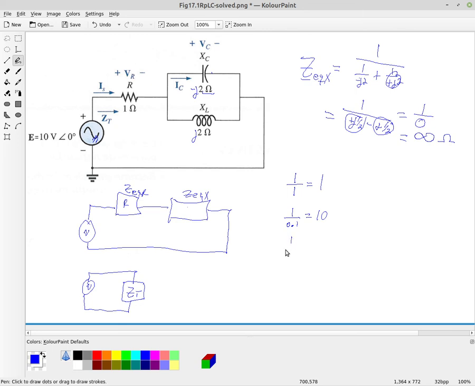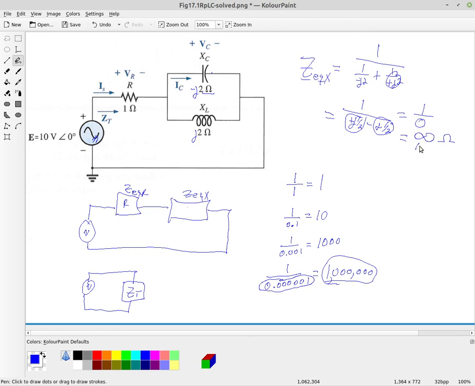If I take 1 divided by 0.001, that gives me 1,000. If I take 1 divided by 0.000001, that would give me 1,000,000. So as you divide by a smaller and smaller number, you get a larger number. And so that large number is infinity.